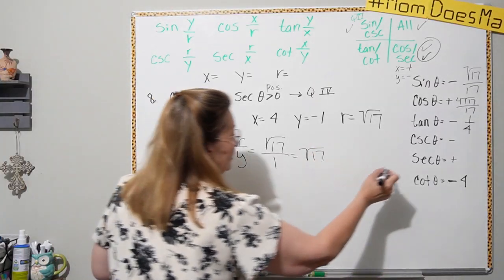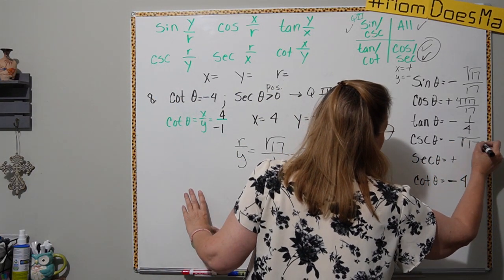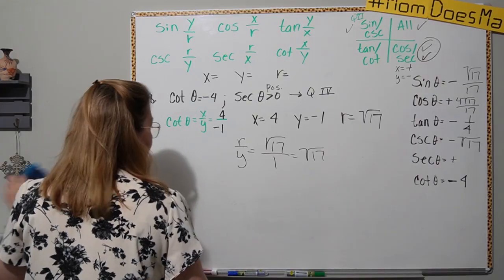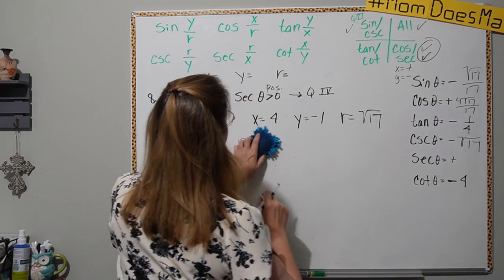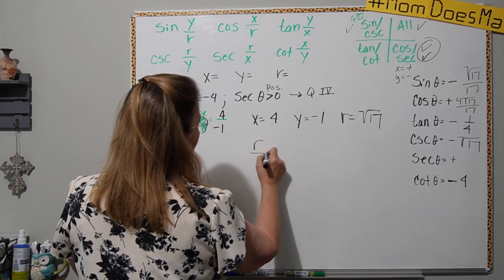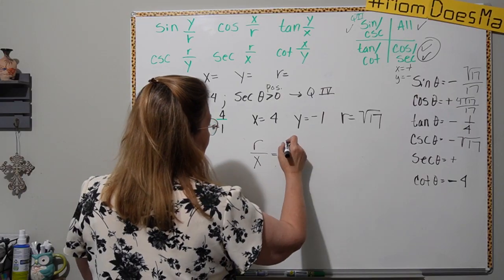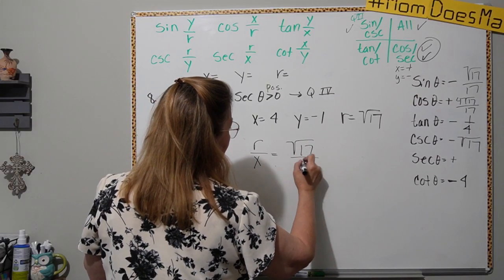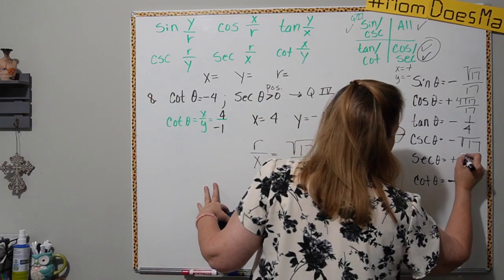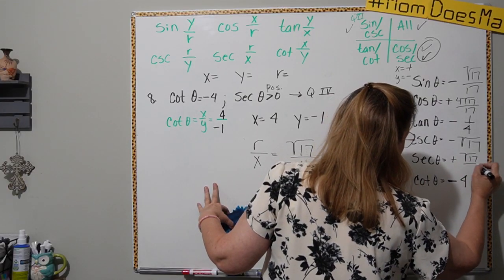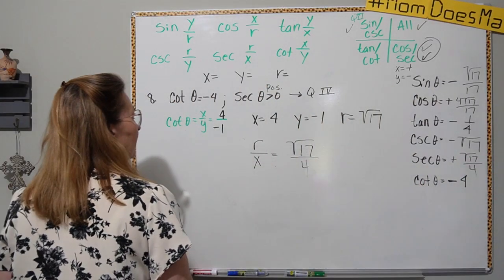So that's just going to be negative square root of 17. And the definition for secant is r over x, so I'm going to have square root of 17 over 4. Okay, let's try one more.